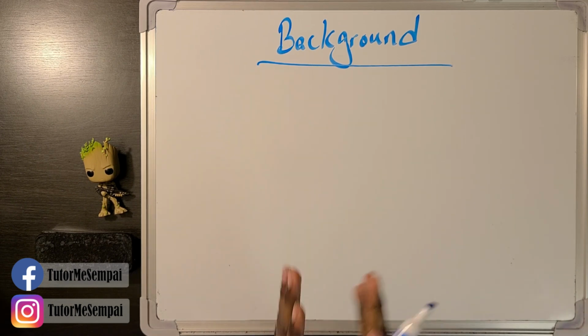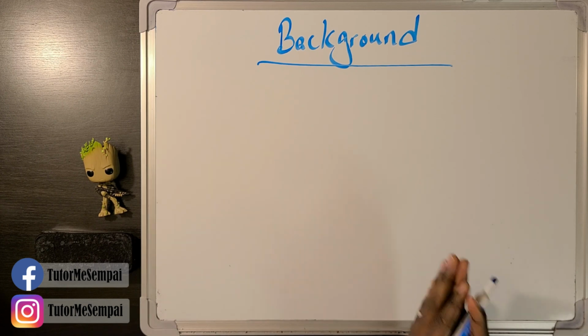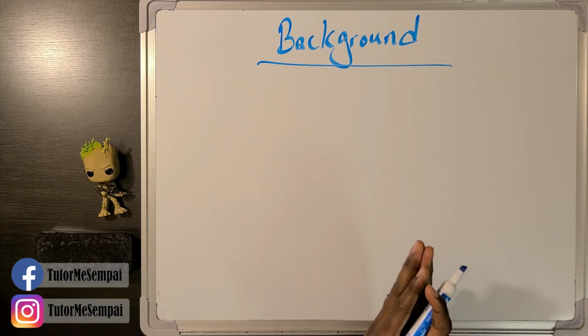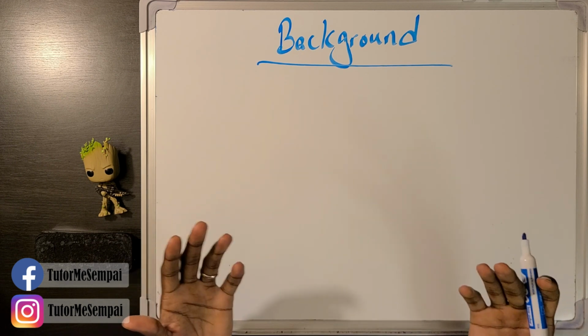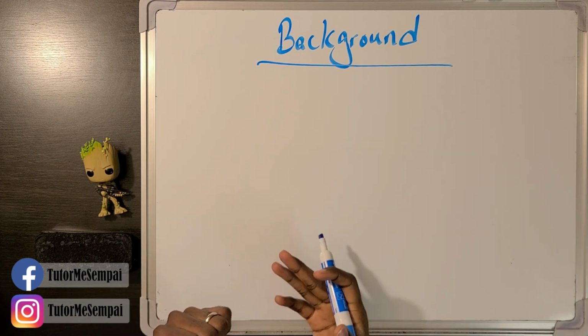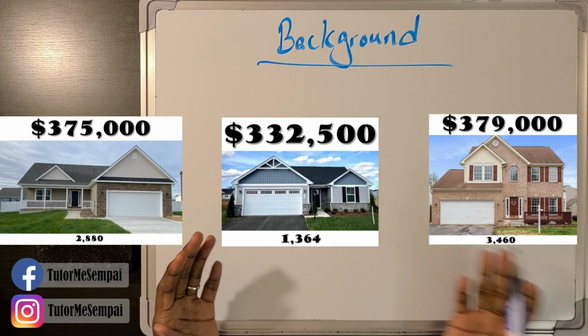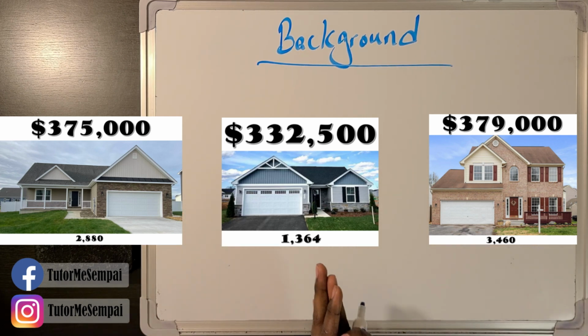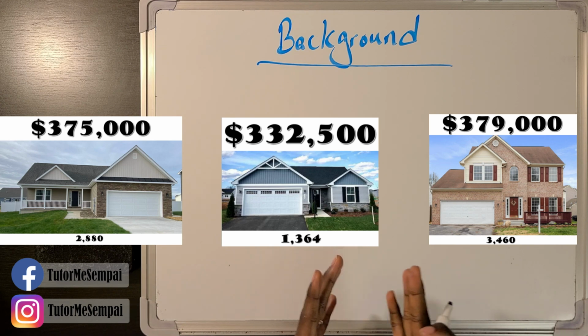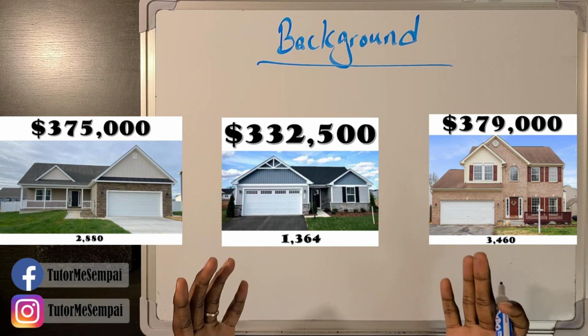But if you feel that you have a good understanding of all 3 of those topics, then you should be able to handle, let's say, a question like this, in which I give you these 3 houses. At the top of each house, you see how much they're worth. If I ask you which house was the most expensive, you might look at the one with the highest price tag.